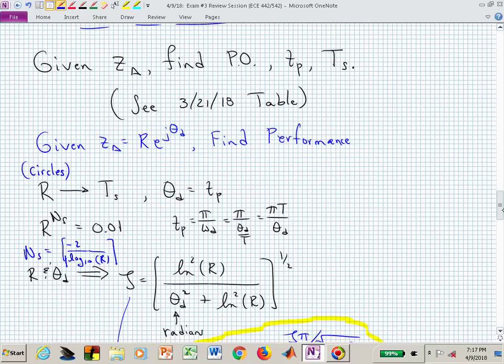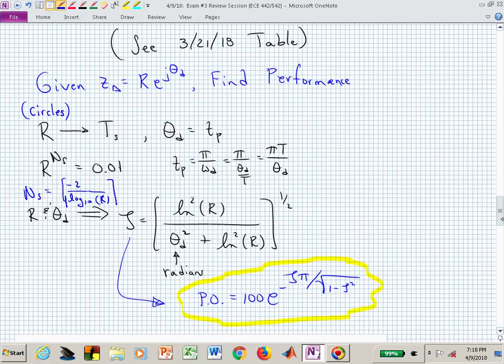You take the angle in radians, square that, and add that same squared ln r to it, and then don't forget to take the square root. Once you have that zeta value, you can now plug it into the percent overshoot formula to calculate the percent overshoot for that fixed value of zeta.